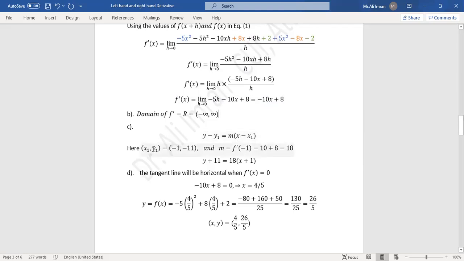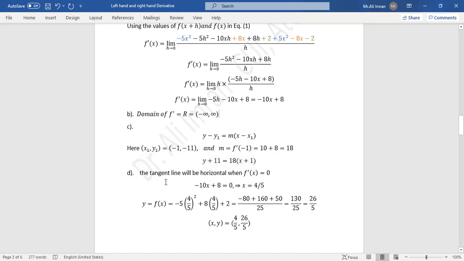The value of x1, y1 is given as point P, which is minus 1 comma minus 11, and the value of the slope will be determined by using the value of x in f prime of x. M is equal to f prime of x, put x is equal to minus 1. We will get the value of the slope is equal to 18. Now using the value of P and slope, we have the equation of the tangent line, which is y plus 11 is equal to 18 times x plus 1.